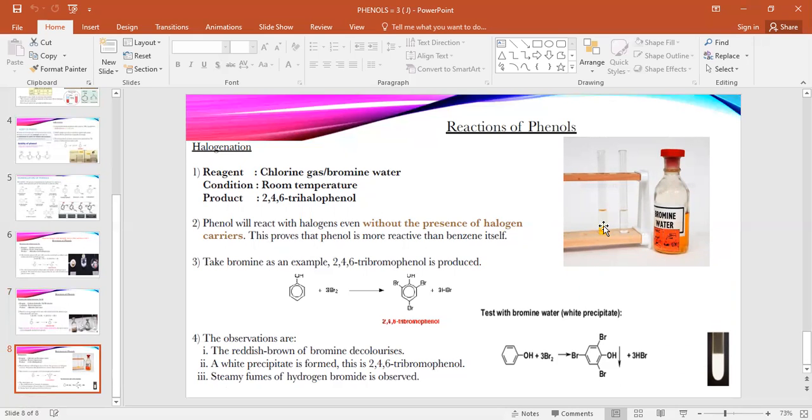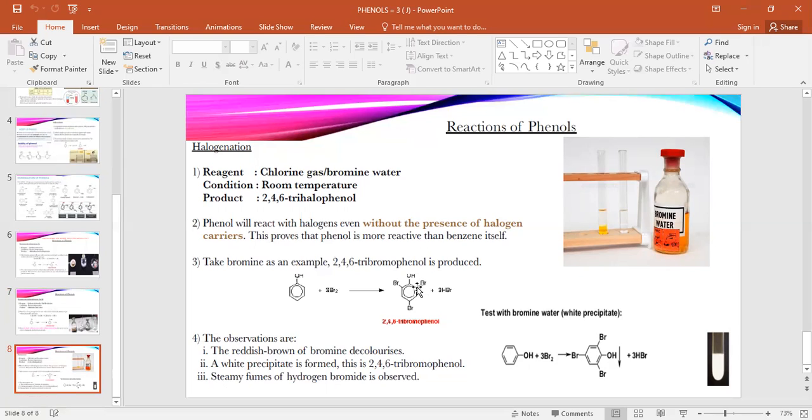This is the bromine, orange color, and this one is phenol. When this phenol reacts with bromine, 3Br2, this phenol plus 3Br2, then you will get the product with the same OH on the ring, phenol, but with a total of 6 Br. No, 3, we will remove, because we are going to replace one hydrogen from each position with one Br.